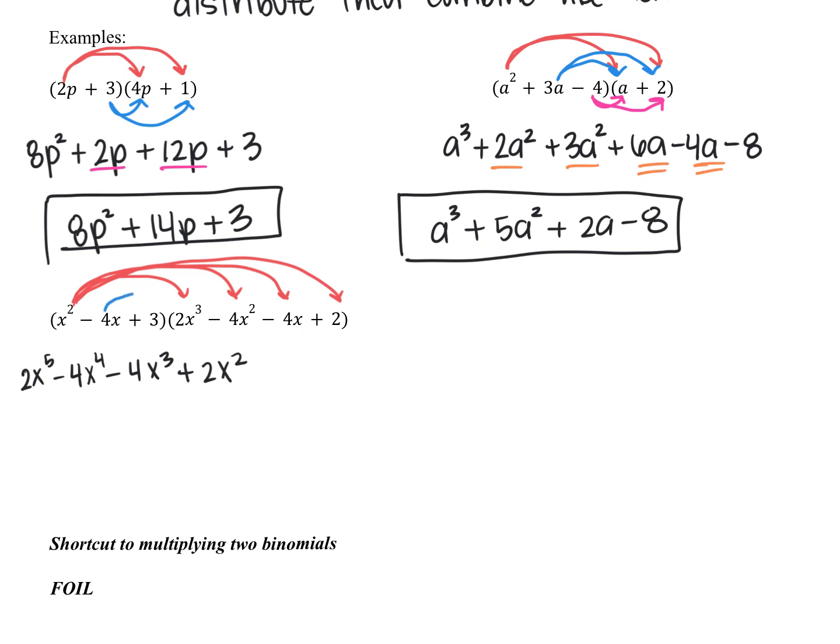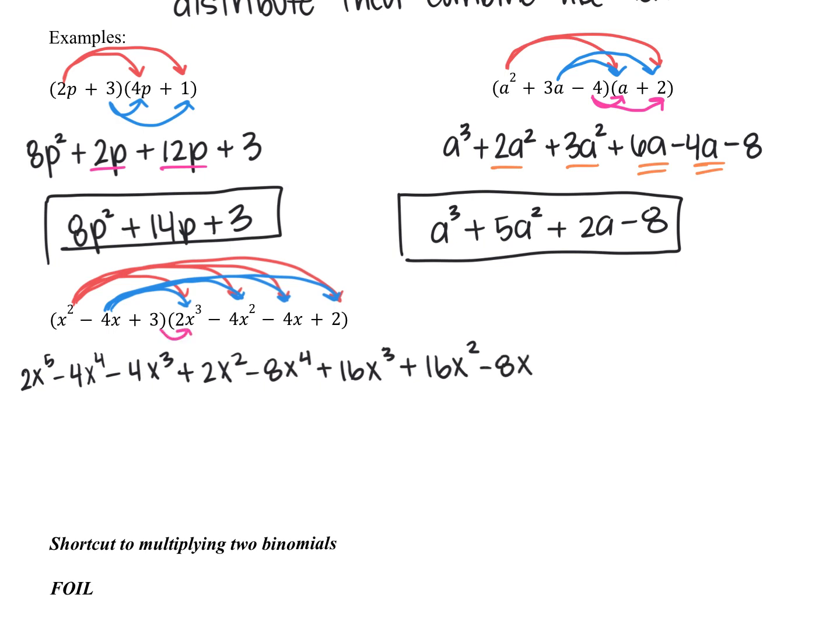Next, I'm going to multiply negative 4x to everything in my second set of parentheses. So I have minus 8x to the 4th plus 16x cubed plus 16x squared, and then minus 8x.